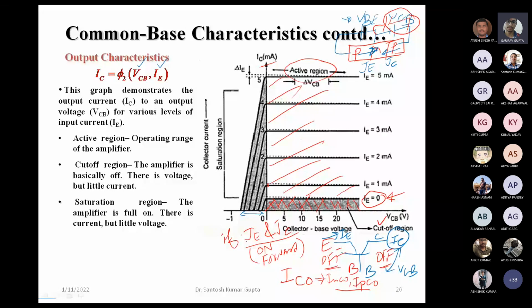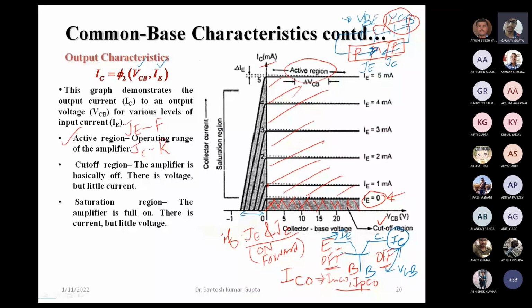So here we have, based on the emitter junction and collector junction, how they are biased. In the active region, the emitter junction will be forward biased and the collector junction will be reverse biased.